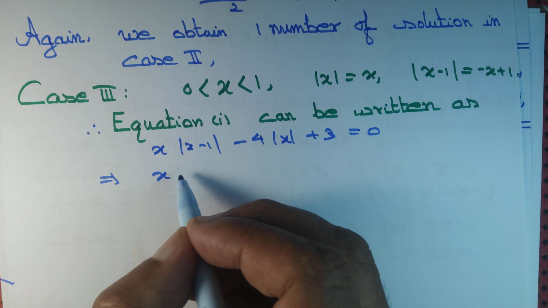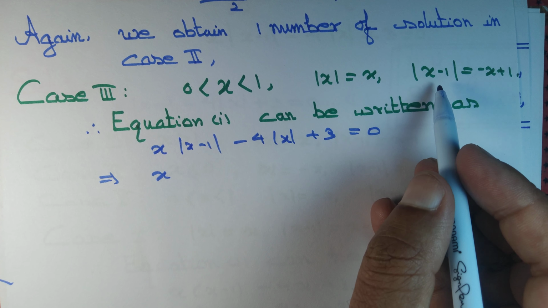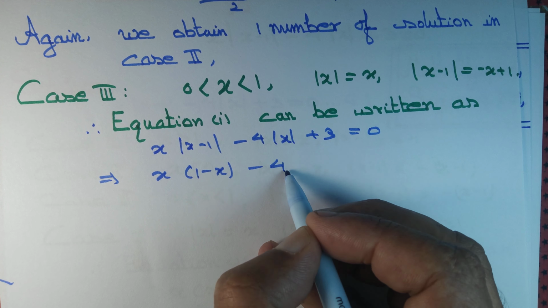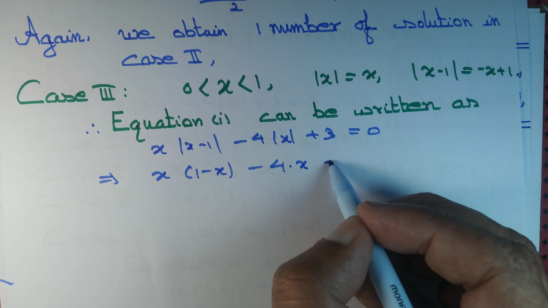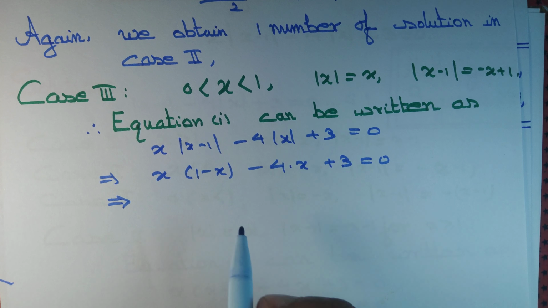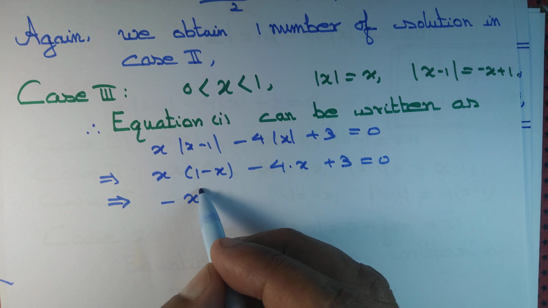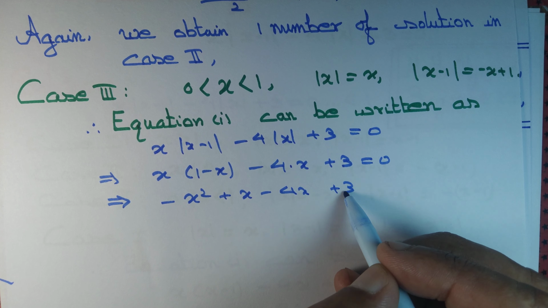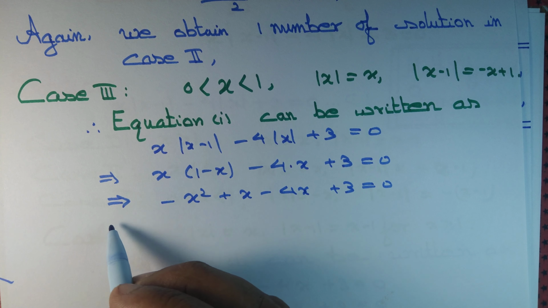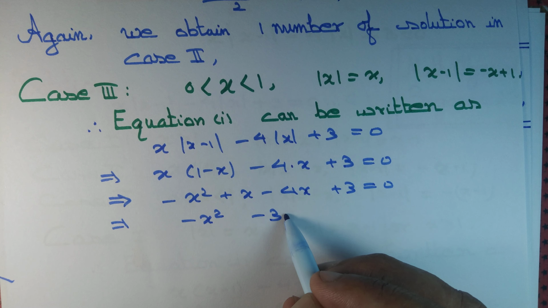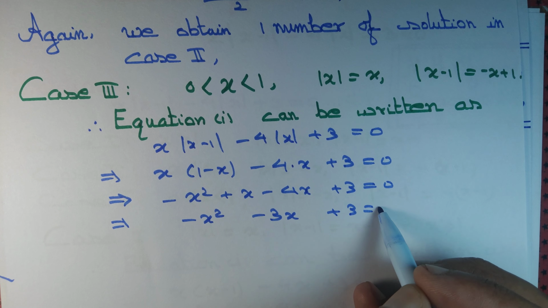That implies x into (1 minus x) minus 4 times x plus 3 equal to 0. So that can be written as minus x squared plus x minus 4x plus 3 equal to 0. And so minus x squared minus 3x plus 3 equal to 0.